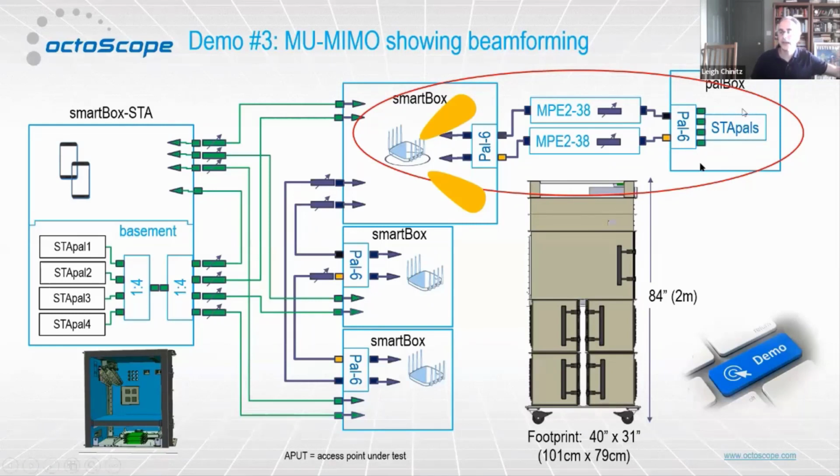In this particular case, we are using this box on the right. It's called the PAL box, which has both our Wi-Fi 6 PAL in it, but also a set of 16 other independent station PALs, known as stay PALs, with a variety of operating systems.